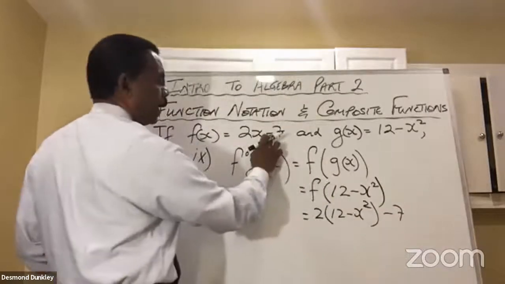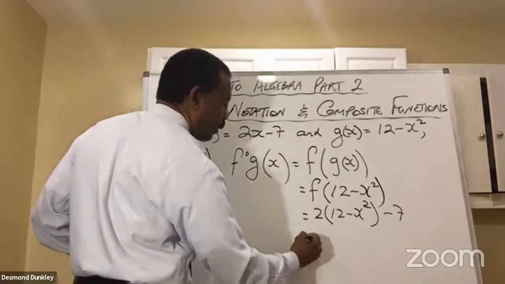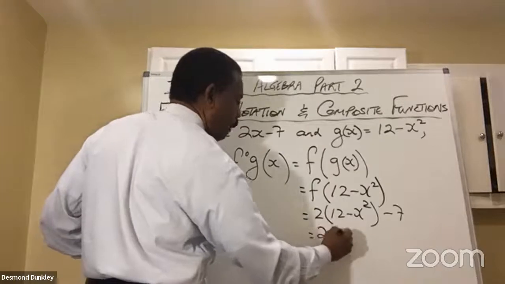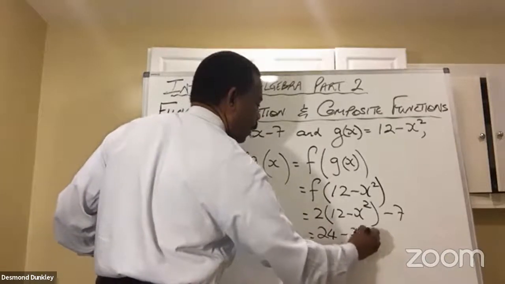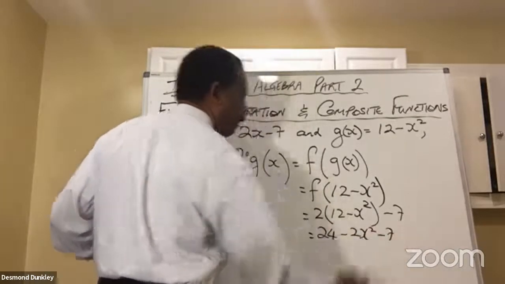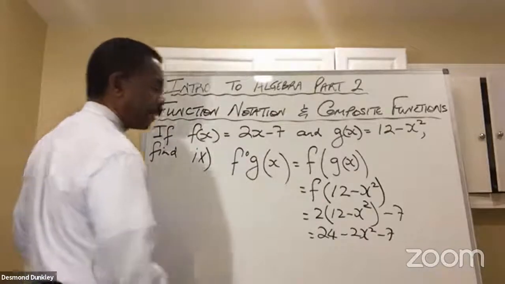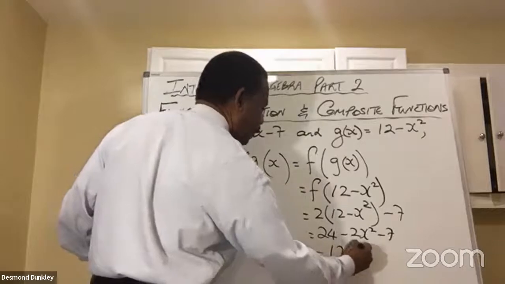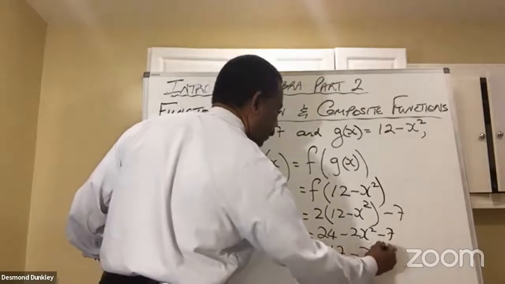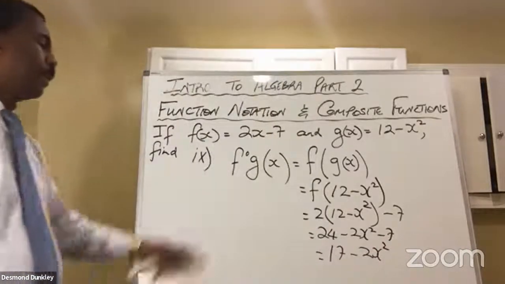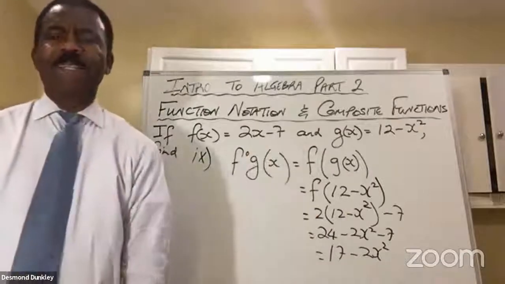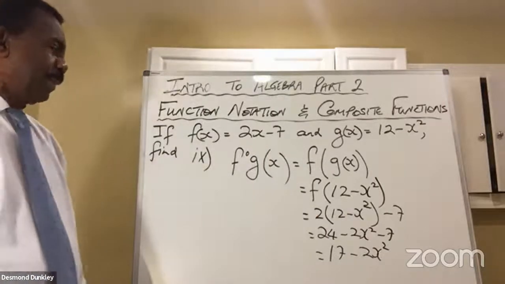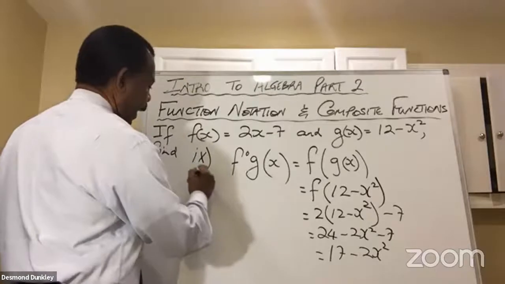There's a minus 7 right here. So it's equal to 24 minus 2x squared minus 7. When I do the subtraction, I end up with 17 minus 2x squared. That's what the composite function is equal to. So let me draw a line right here.